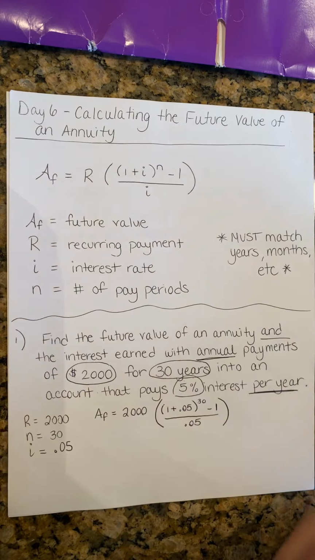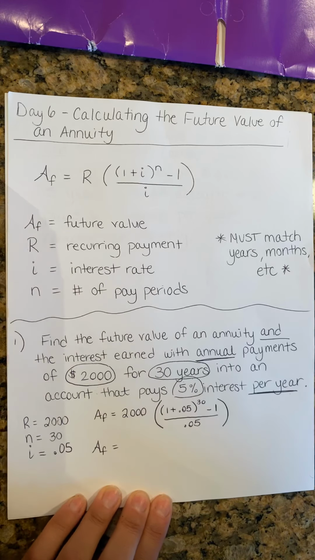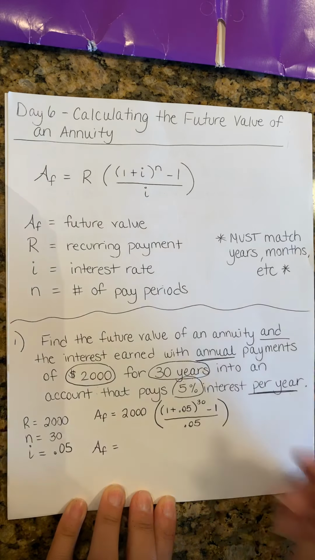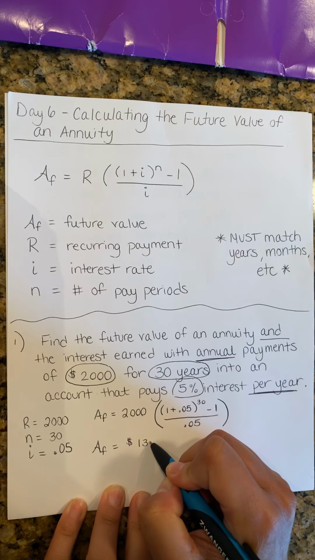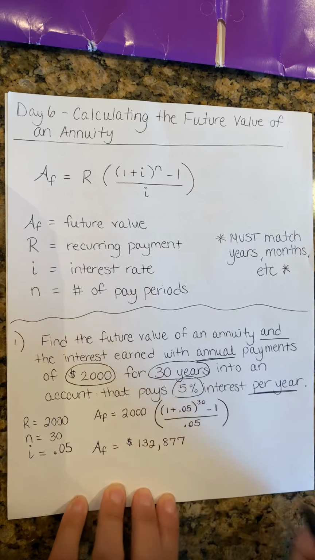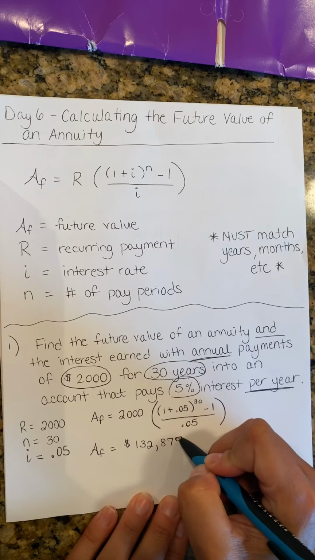Okay, so we're dealing with money. It doesn't tell us what to round to, so let's round everything to the nearest whole number. So it's 132,877. Actually 878, because the 6 is going to round that to an 8.